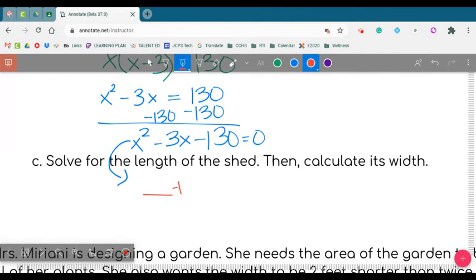So what plus what equals negative 3, but multiplied together equals negative 130. So these are going to be a little bit harder. So you're going to have to really use your calculator on these. So 130, you can start with 9. You're going to have to probably go bigger.